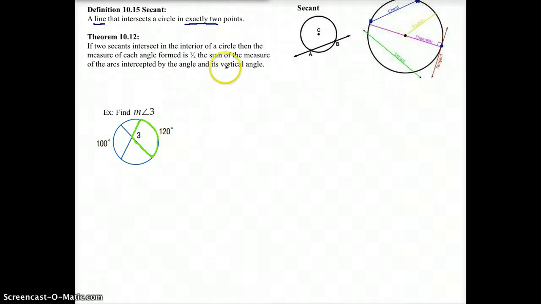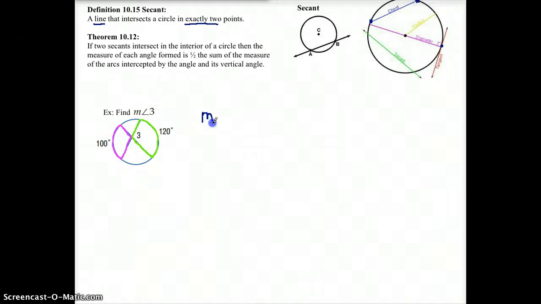And we also need to talk about its vertical angle. So let's do a little more highlighting. The vertical angle is, of course, the other side of this x. So that angle goes up here and down here and creates this arc. So angle 3 should be equal to half of those two arcs.